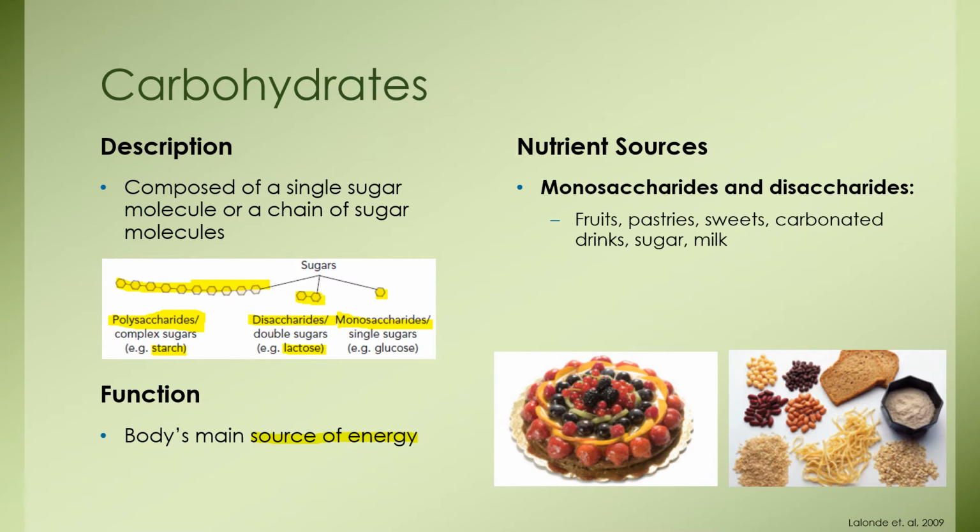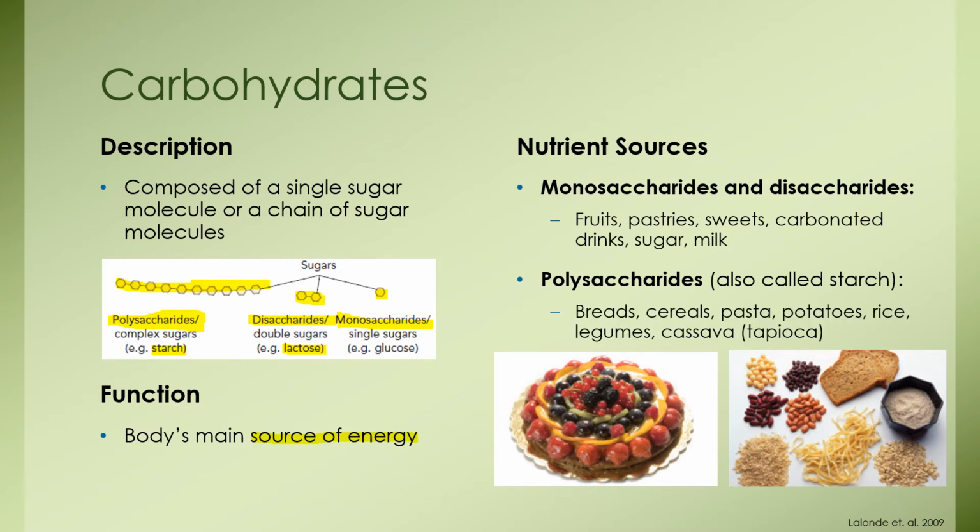Then fruits, pastries, sweets, carbonated drinks, sugar, milk, polysaccharides, also called starch, in breads, cereals, pasta, potatoes, rice, legumes, cassava or tapioca. So it's better to eat polysaccharides instead of monosaccharides and disaccharides because monosaccharides and disaccharides, they are accumulated easier in your body. So when you eat much, you'll get weight much faster.